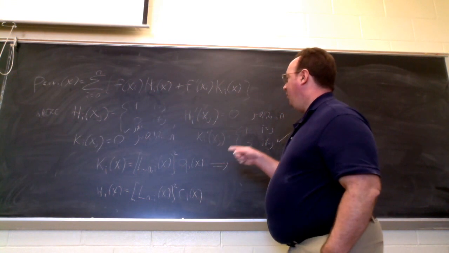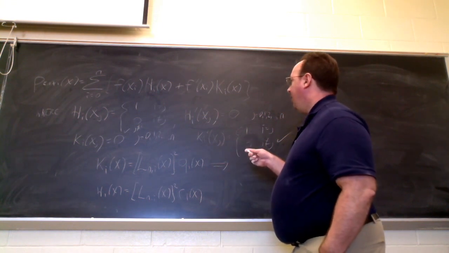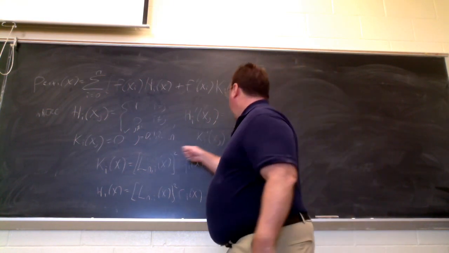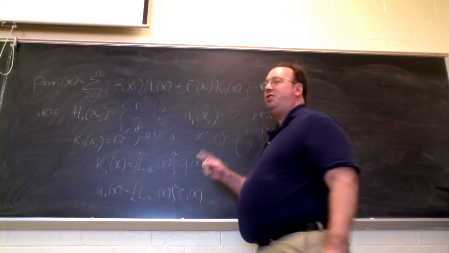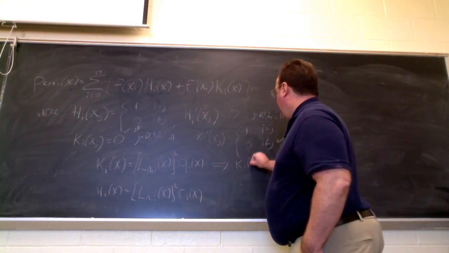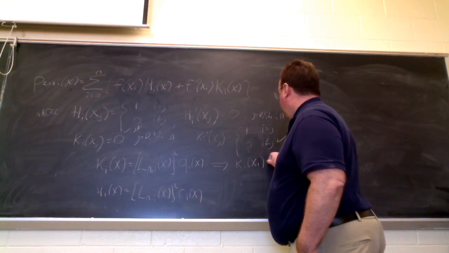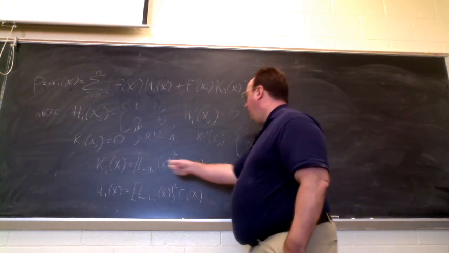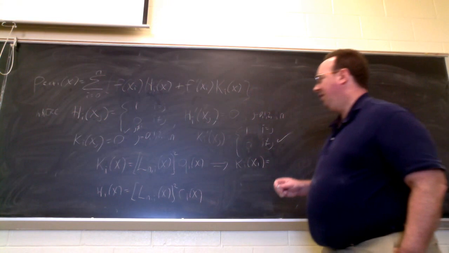So what we need from here is to see what's going on at... we've taken care of everything except when i equals j. So k_i of x_i is going to be equal to what?